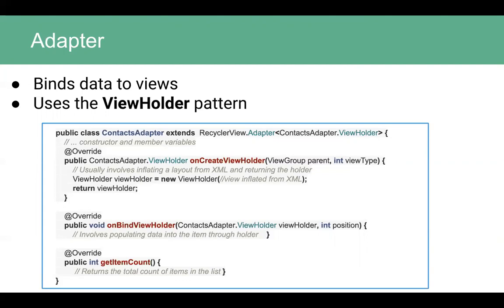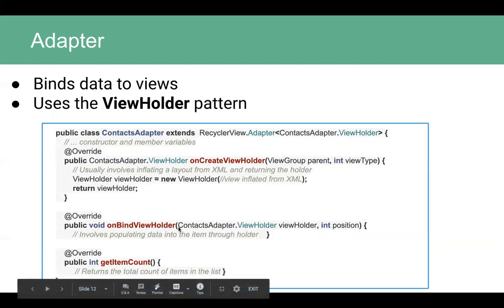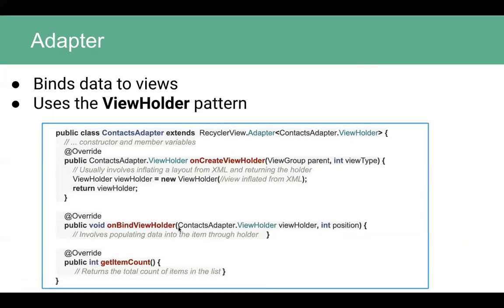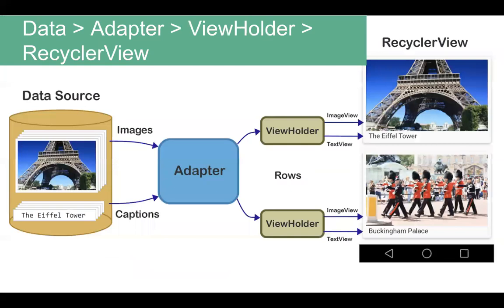And onBindViewHolder basically populates the data to the respective views. So it would give the text to the text view and the image to the image view. And getItemCount returns the total count of items in the list, and this list is the list of things in your data source.